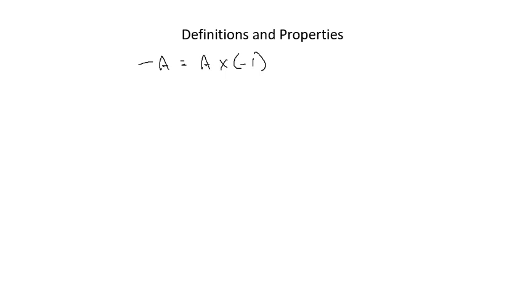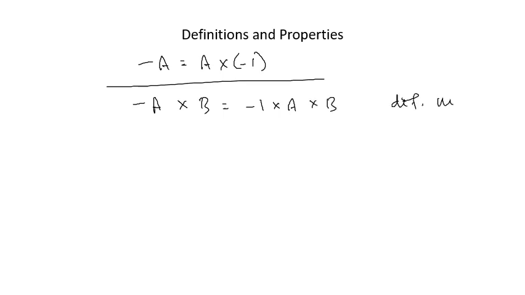And once we have that definition, we can start to do some things using commutativity and associativity, like negative a times b is now negative 1 times a times b, by the definition of a negative. This is just how we've defined a negative number here. Now we can put this negative 1 on the outside and put a times b on the inside, and this is just associativity.